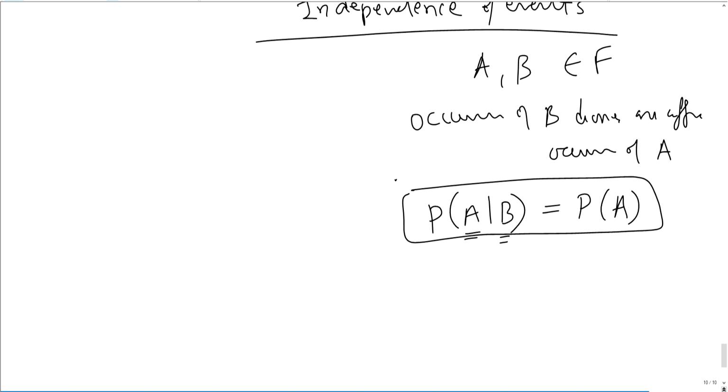But you have learned the formula for probability of A given B. What was the formula? A intersection B divided by probability of B. This was the formula of A given B.